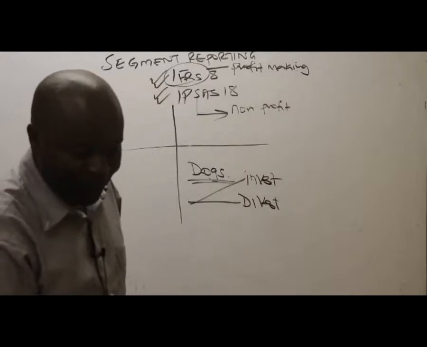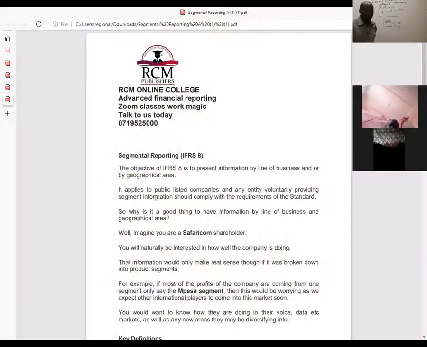Great. Now, ladies and gentlemen, here we are. We are saying that the objective of IFRS 8 is to present information by line of business and/or by geographical area. It applies to publicly listed companies, and any entity voluntarily providing segment information should comply with the requirements of the standard.